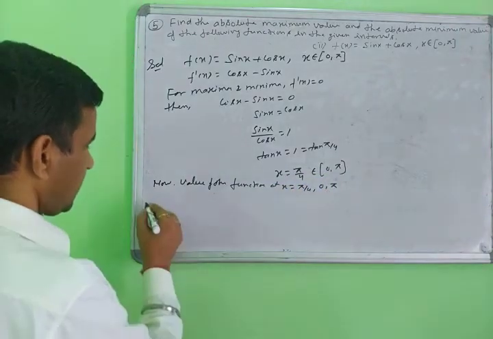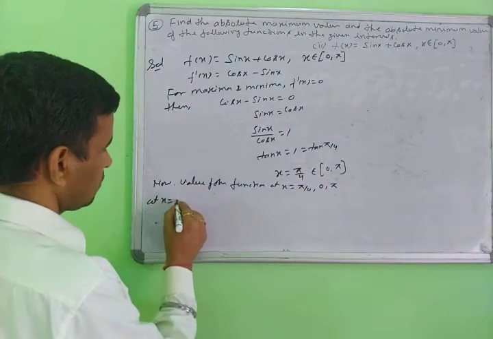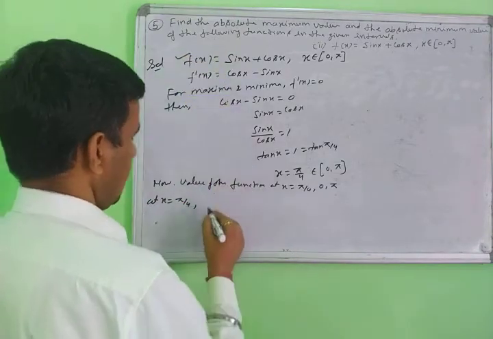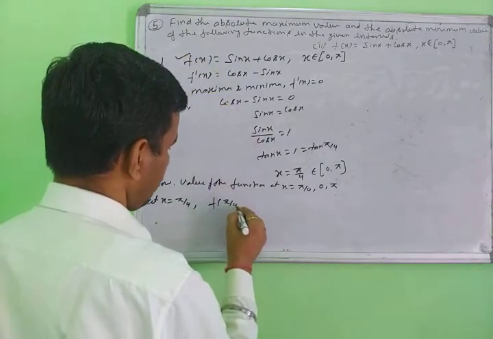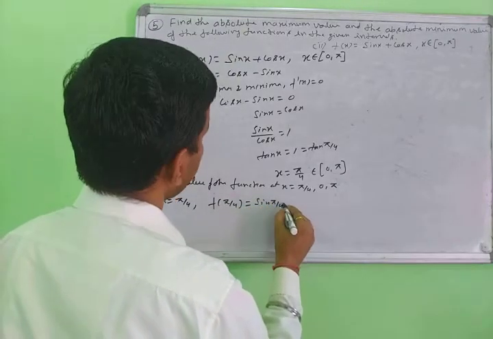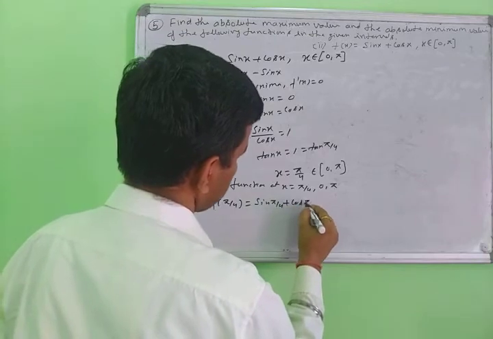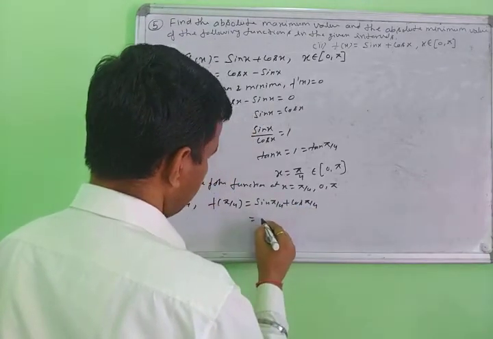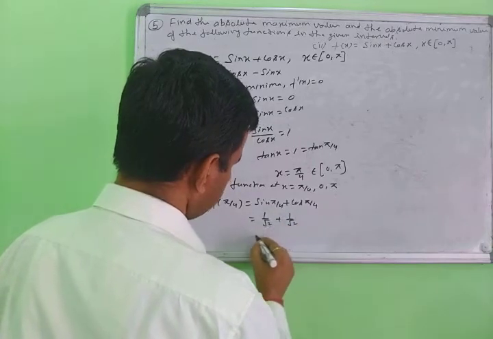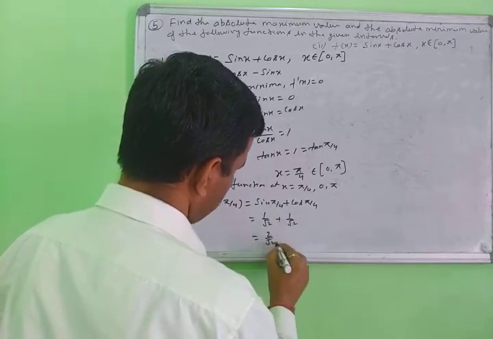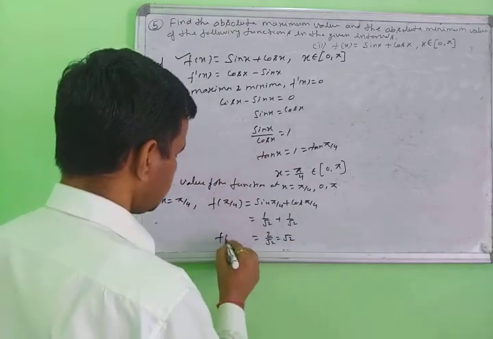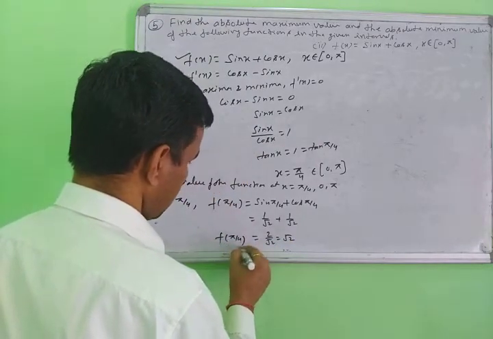So now at x equal to pi by 4, putting the function value here, f(pi by 4) equals sin pi by 4 plus cos pi by 4. Sin pi by 4 is 1 by root 2, cos pi by 4 is 1 by root 2, this equals 2 upon root 2, which equals root 2. This is the value of f(pi by 4).